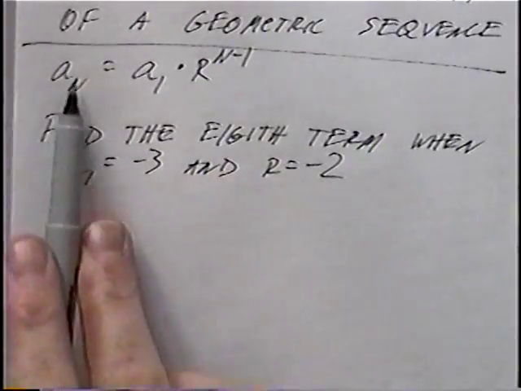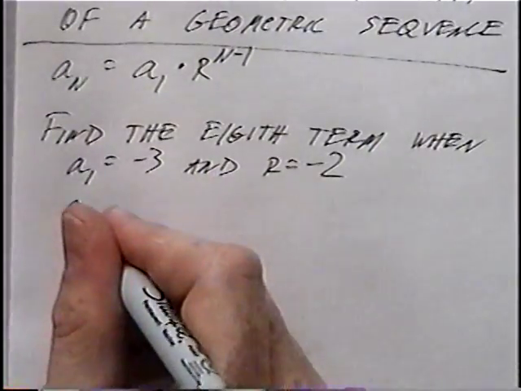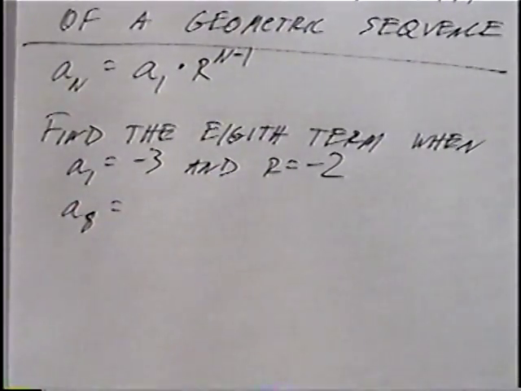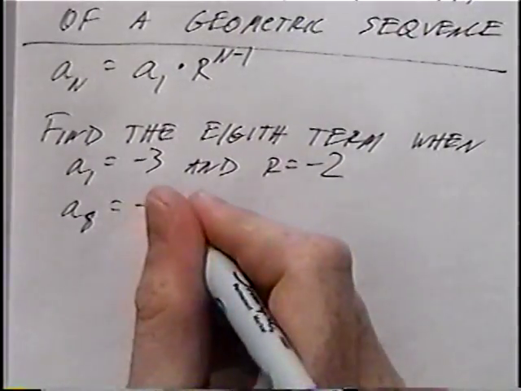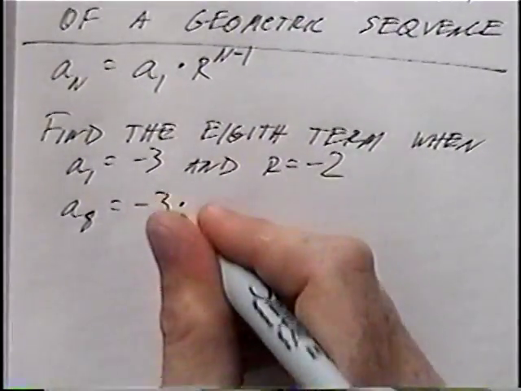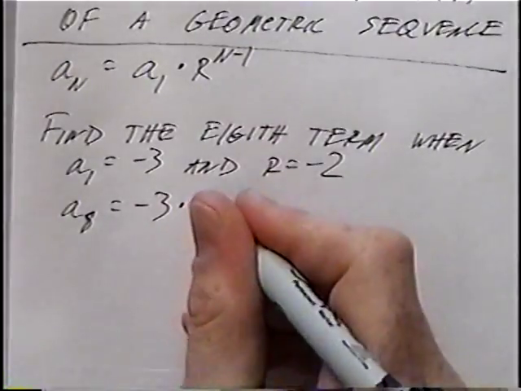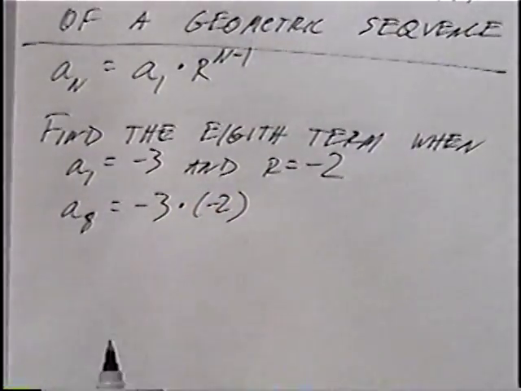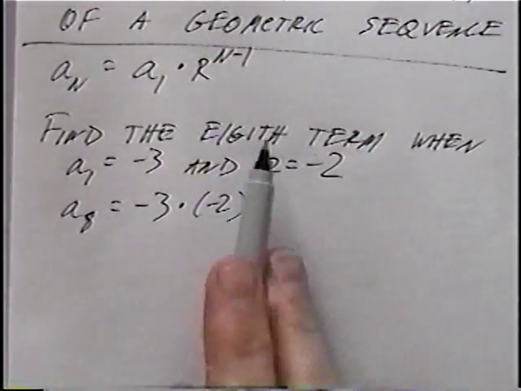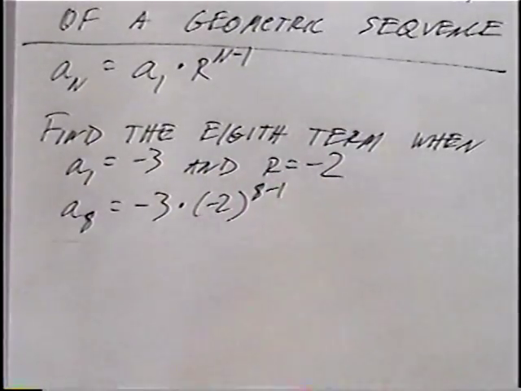Using the formula, if we're looking for the 8th term, it would be a sub 8. A sub 1, the first term, is negative 3. And we're multiplying by r, which is negative 2, to the exponent of n minus 1, which would be 8 minus 1.